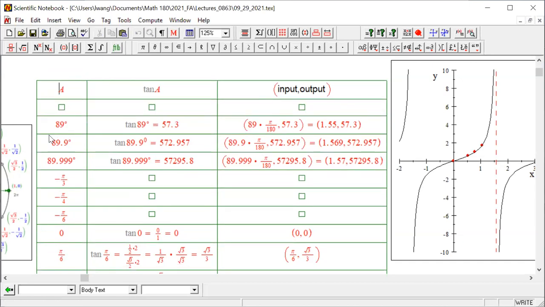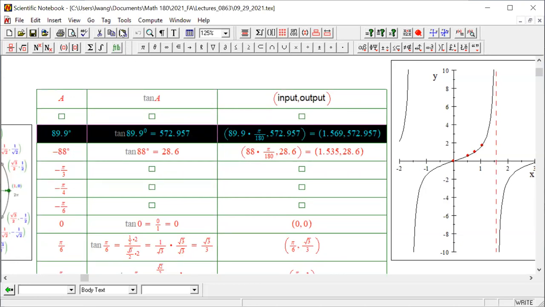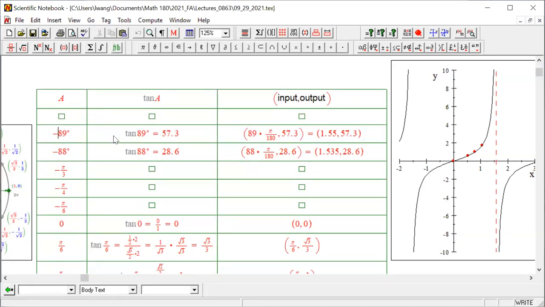So this guy is going to be here. Why do I make those changes? Well, I want to make it negative degrees. So you're going to do these. You guys with me? These are going to be negative. You guys follow me?